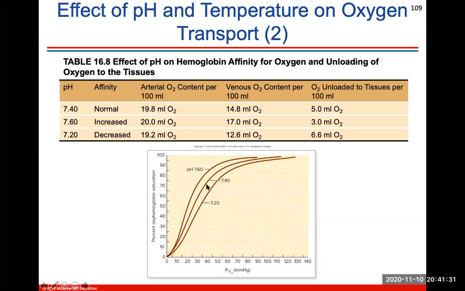If we shift the curve to the right, that means oxygen is being offloaded from hemoglobin more readily. Higher, more basic pHs will shift the curve to the left, and that means the hemoglobin holds on to oxygen more readily.